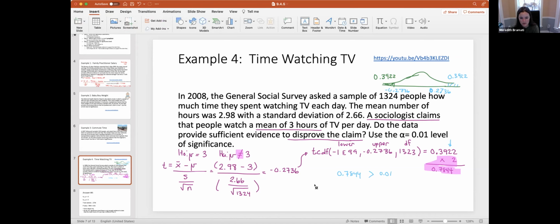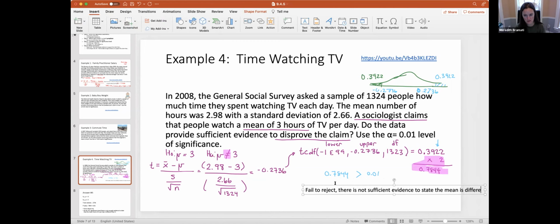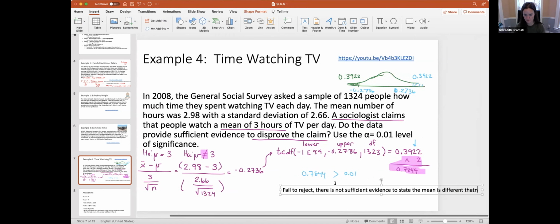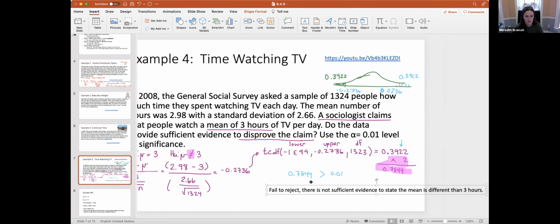Since it's greater, what is our conclusion? Fail to reject. There is not sufficient evidence to state the mean is different than 3 hours.